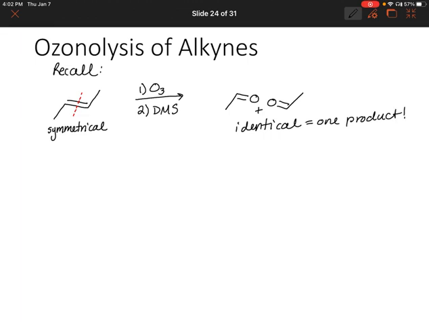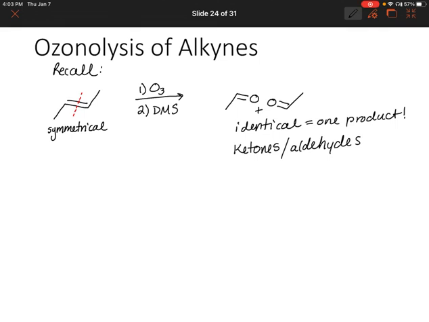Now, another question. Are these 2 products or one product? Is it a ketone or an aldehyde? So in this case, we formed aldehydes, but it is possible to form a ketone depending on what your starting material is. So you could form either ketones or aldehydes.